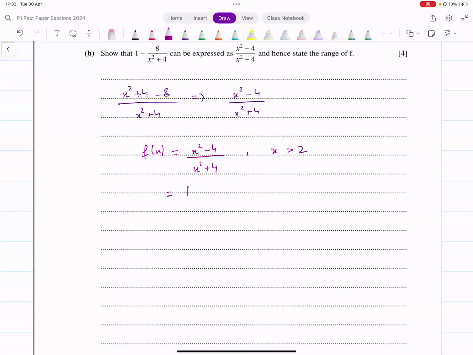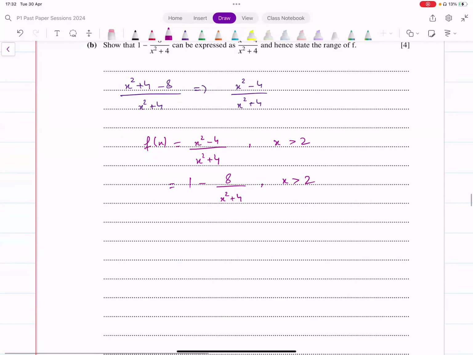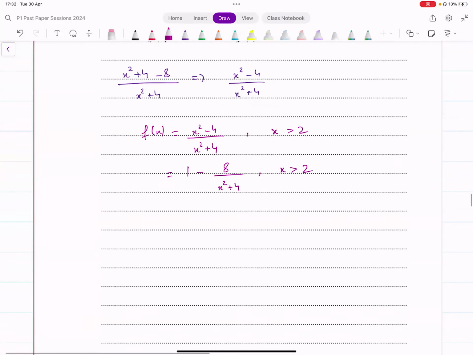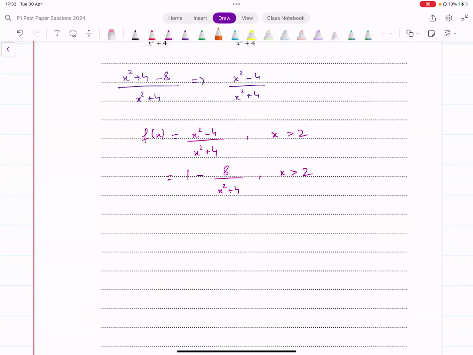So you write it like this. You say this is the same thing as 1 minus 8 over x squared plus 4, and this is the domain that we're given, x greater than 2. We need to find the range of this function f. Now, how do you do that? It's a reciprocal function. In order to find the range of reciprocal functions, we have to think of it like this. x is supposed to be greater than 2, so one extreme point in this domain is 2.